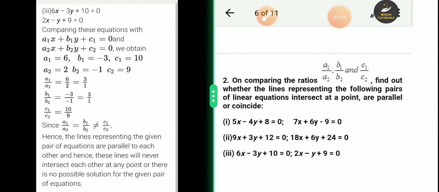So a1 upon a2 is equal to 6 upon 2, that is 3 upon 1. b1 upon b2 is equal to minus 3 upon minus 1 is equal to 3 upon 1, minus minus will be cut, and c1 upon c2 is equal to 10 upon 9. So from the ratios we can write a1 upon a2 is equal to b1 upon b2 but not equal to c1 upon c2. Therefore the given lines are representing the parallel lines. Okay, so this is the final solution.